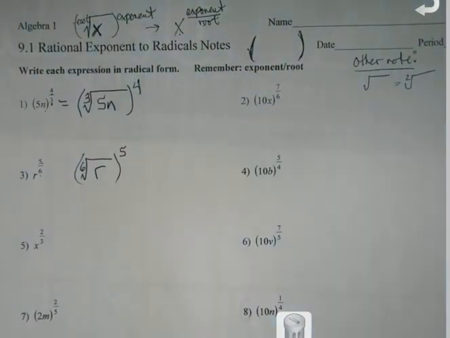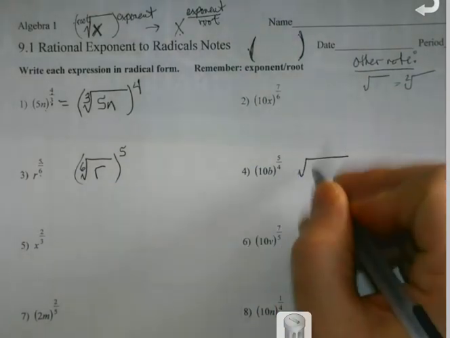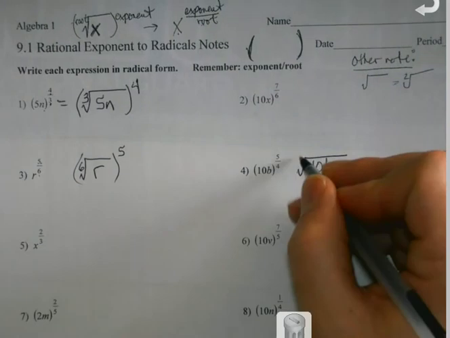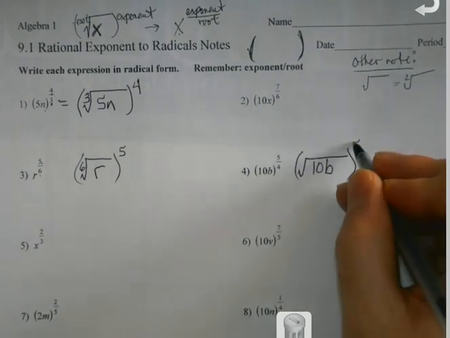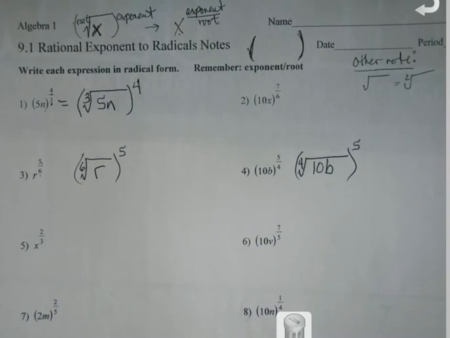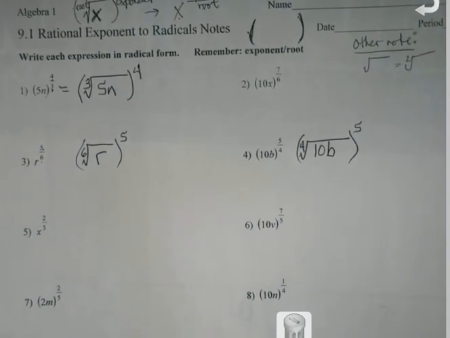And it just helps me out. And again, whenever I'm doing these, just a radical, whatever's in the parentheses goes inside. My exponent goes on the outside, and my root goes underneath. And we just keep working those.